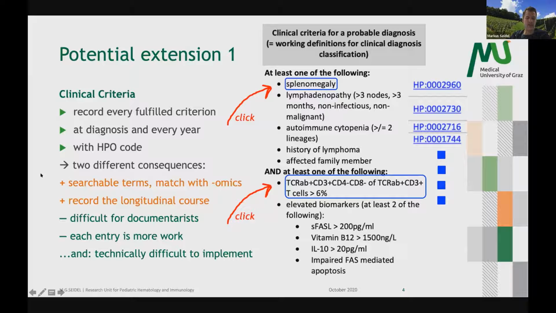First, we would have searchable terms to be able to match them with omics, genomics, transcriptomics, whatever. And we could record the longitudinal course of the patient. For example, it could be the case that after 2 years of follow-up, a few more criteria would be fulfilled.